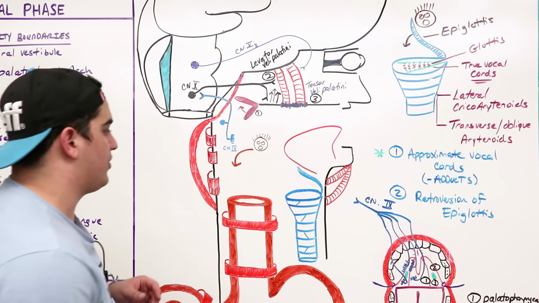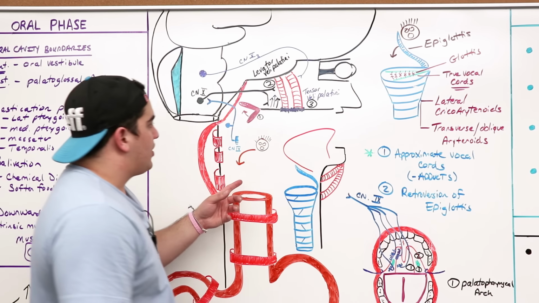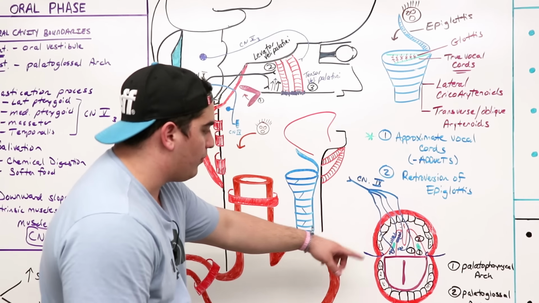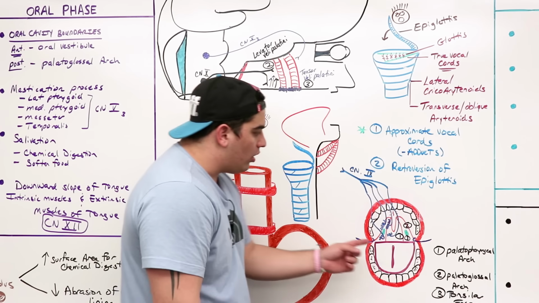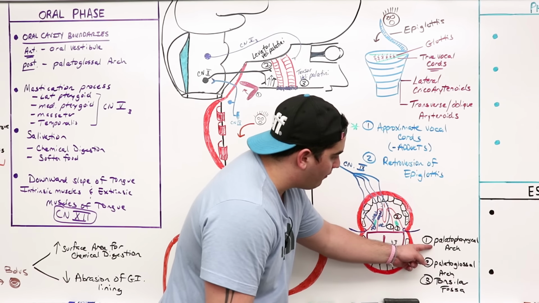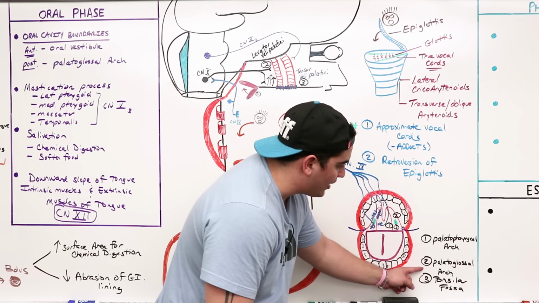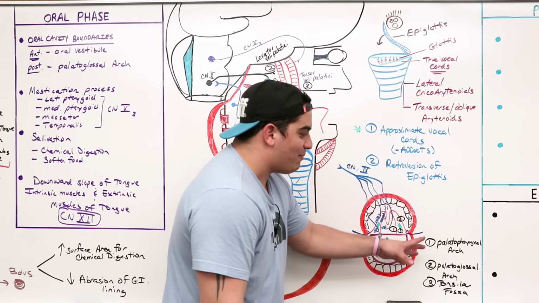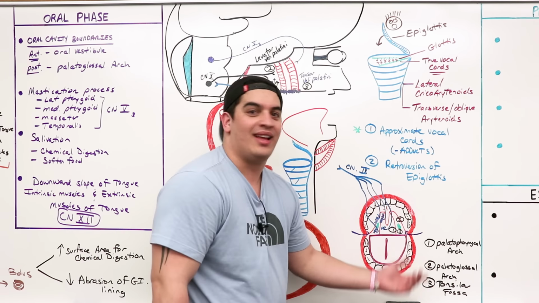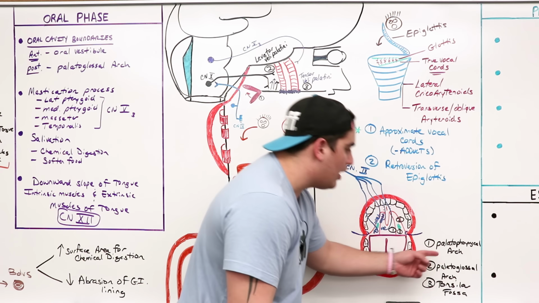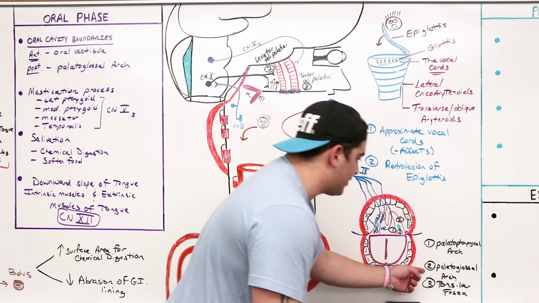Okay, what are some of these muscles? We talked about the arches over here. If you look here, we have the palatopharyngeal arch and the palatoglossal arch. There's muscles around those arches, the palatopharyngeus and the palatoglossus.